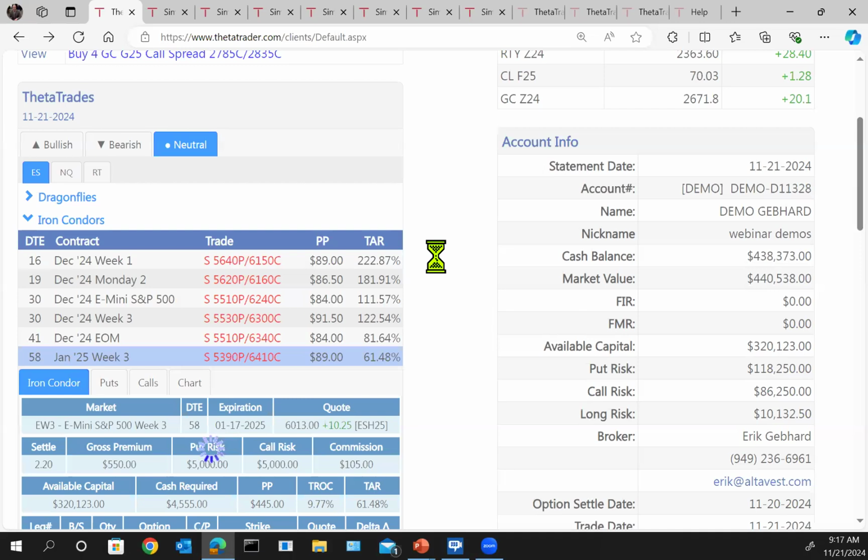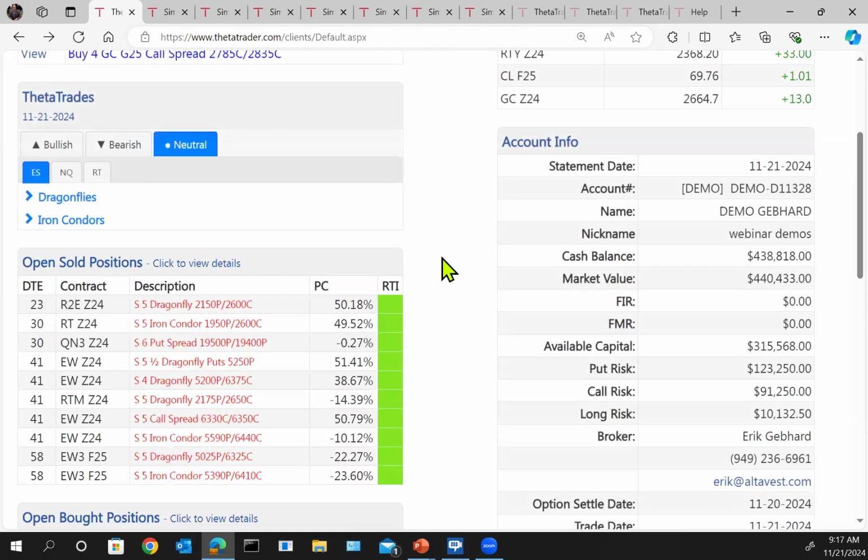I don't know why that is. Just give it a second. If not, I can just refresh maybe the page and give that a try. And if this keeps doing this, I'll just jump to another. There we go. I don't know why it did that, but here's a dragonfly.